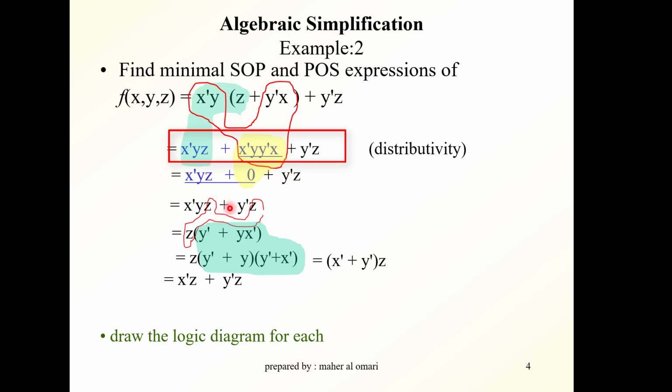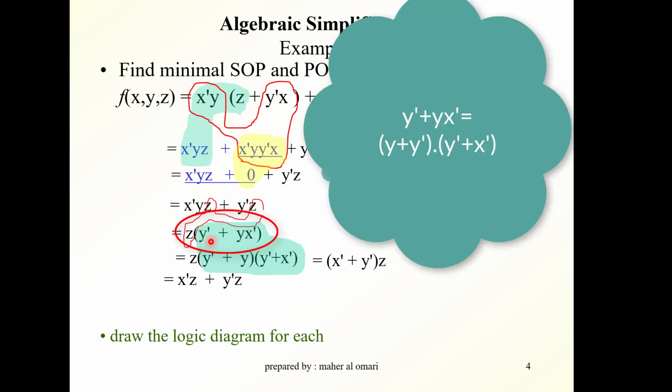From these two terms, this one and this one, we take the Z out of the bracket. So we are left here with Y bar ORed with X bar Y. If we use the distribution law here, then we have Y bar ORed with Y, ANDed with this, and Y bar ORed with X bar, and this is equal to 1.